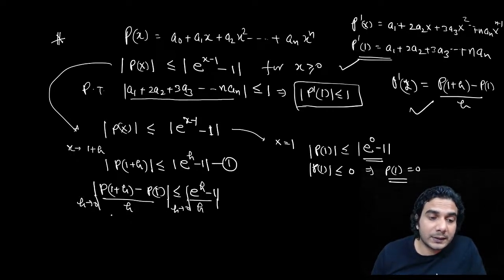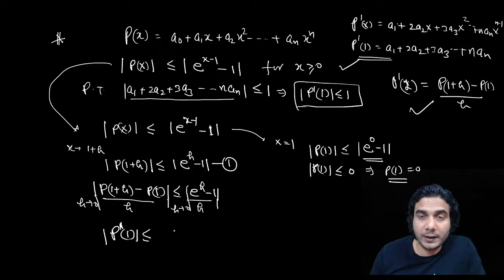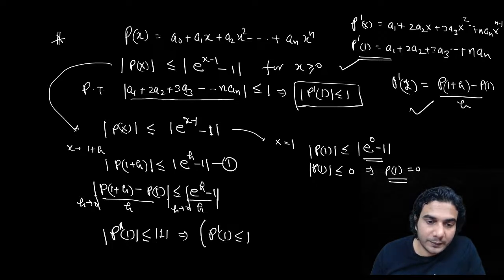Now you can write this expression as mod of p dash of 1 less than or equal to e raised to h minus 1 upon h, and as h approaches 0 this is 1, so it is less than or equal to 1. So hence we have proved that mod of p dash 1 is less than or equal to 1.